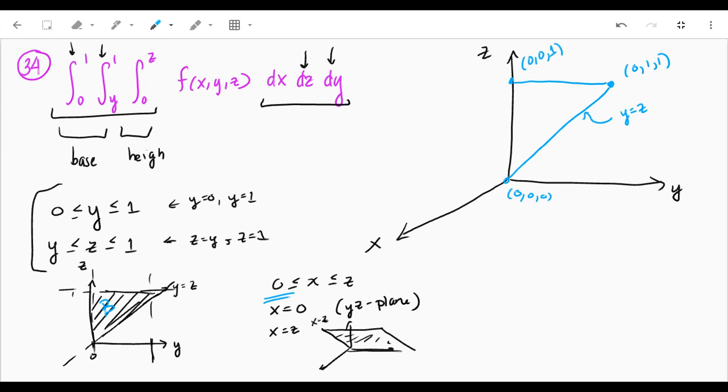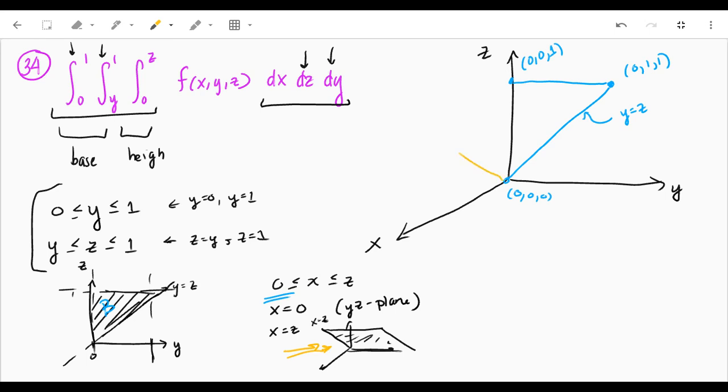Now you have to think about this other limit in the x direction. Our entire volume has to be within that blue triangle, coming out of the xy plane and stopping when it hits this x equals z plane.